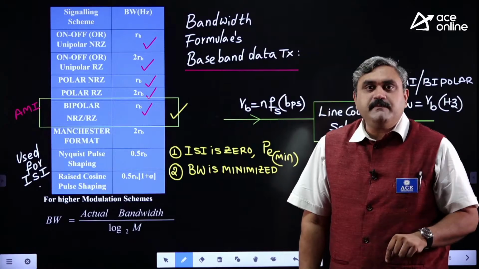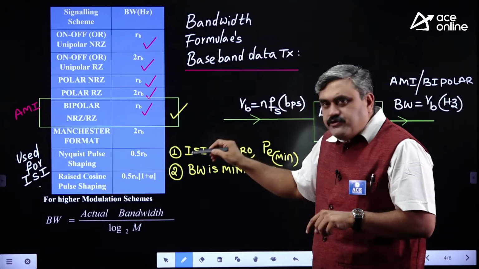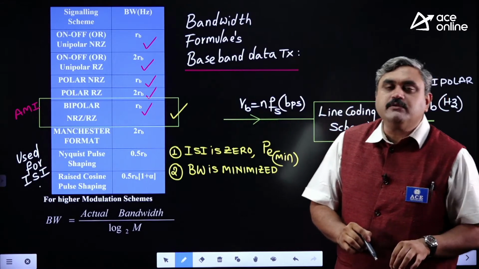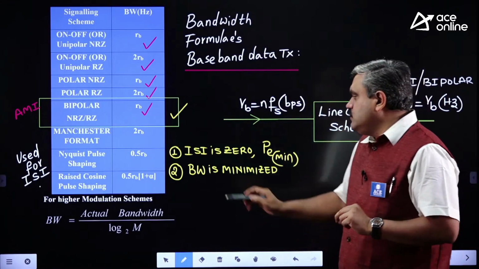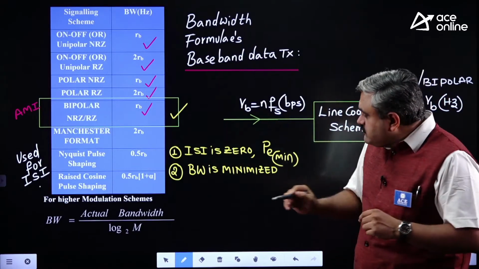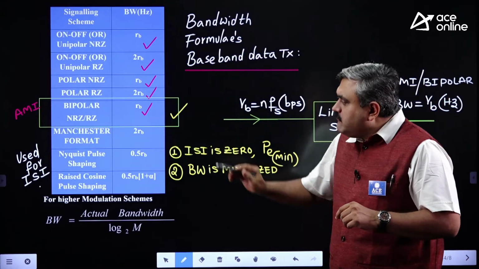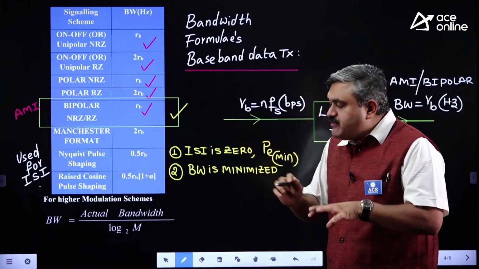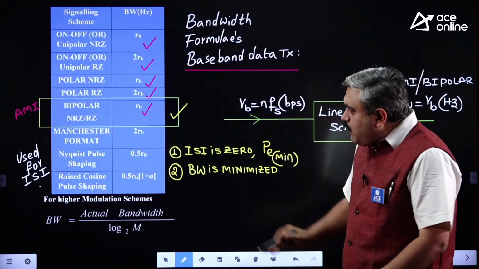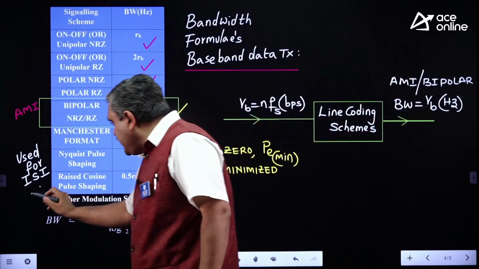If you use Nyquist sampling pulses, we are in a position to remove ISI completely from the system, making the probability of error minimized, and also we are minimizing the value of bandwidth. So because of these two advantages, we prefer transmission using Nyquist sampling pulses, right? Now what about raised cosine pulses, why did they come into the picture?